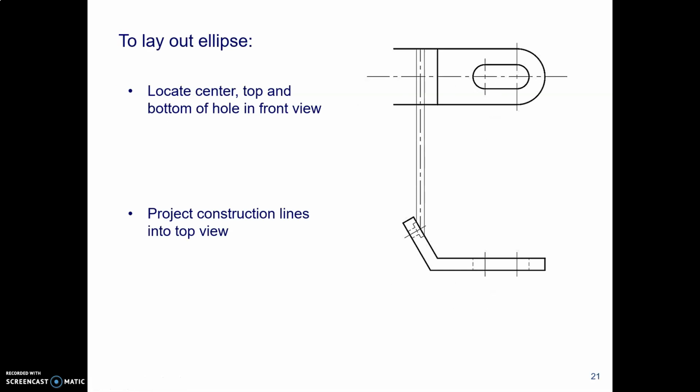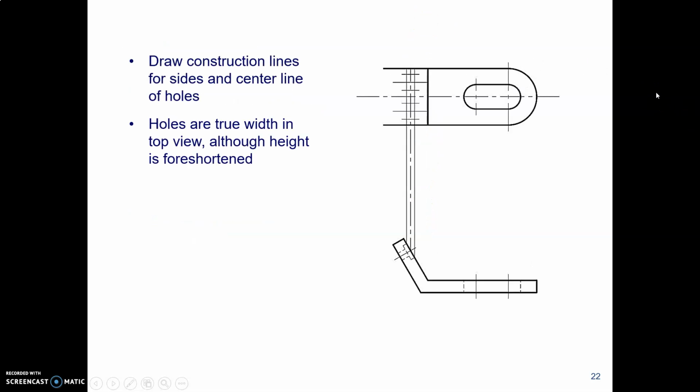Now you need to lay out those ellipses in the top view. So draw projection lines from this front view. Find where the two edges of the counterbore are and where the center is, and project those lines all the way up into the top view. Now in the top view, those holes are going to be true width.